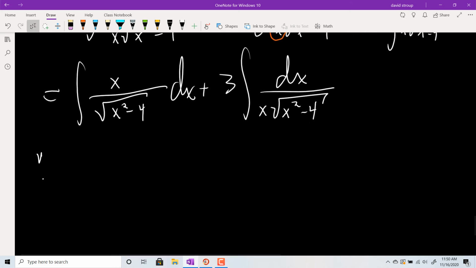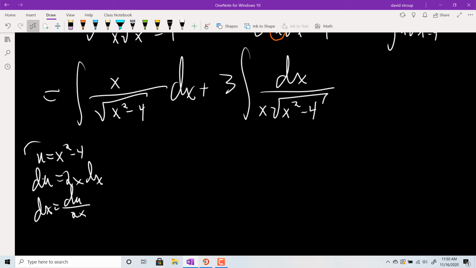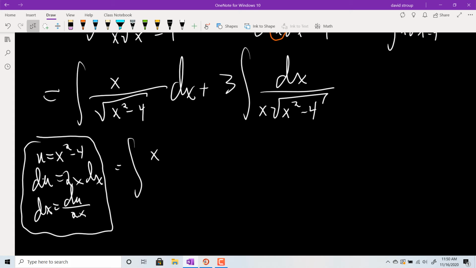The first guy requires a u sub for that stuff inside the radical. du will just be 2x dx, and then of course dx is du over 2x. So you have a 1/2 floating about. So the integral of x all over the square root of u times dx, which is now du over 2x, plus this guy, 3 times, and the a value here, we have an a of 2.